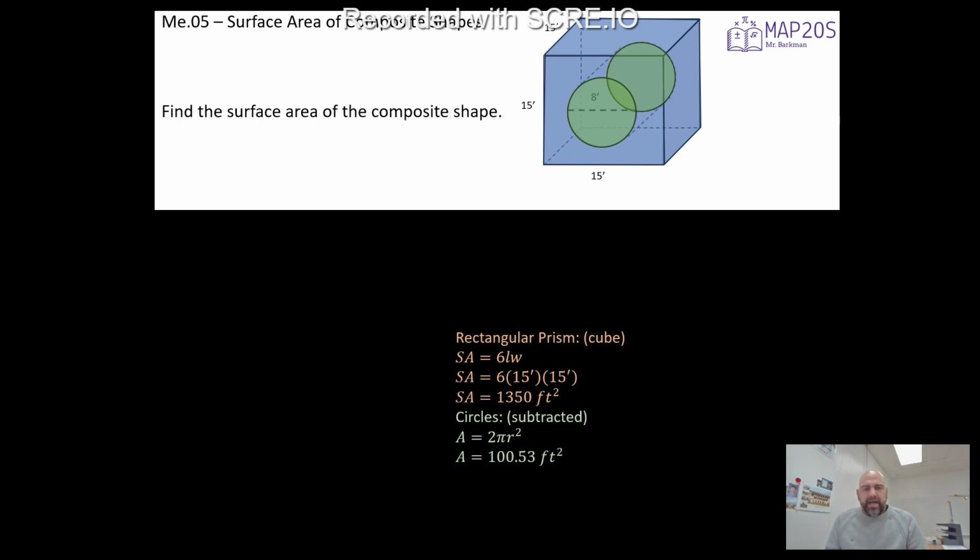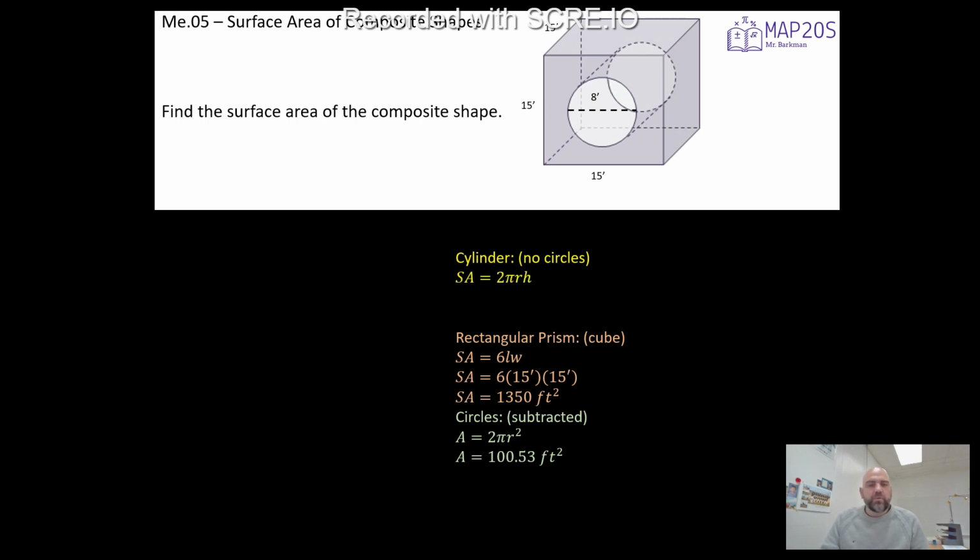Now, the challenging part of this question is realizing that there in fact is a tunnel, or there's surface area inside that tunnel, that cylinder inside this cube. So we have to also figure out this cylinder, with no circles. I'm not going to include any circles in here because those circles are cut out. There's no surface area in there.